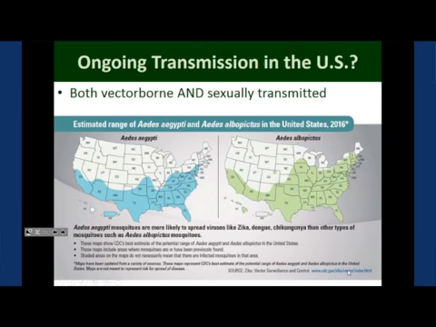This is spread by two different mosquitoes, Aedes aegypti and Aedes albopictus. This is the extremely liberal viewpoint of the range of Aedes aegypti. We used to consider it just here. It's now moving north and west. Yay, climate change. But it's the predominant mosquito in the southeastern United States.